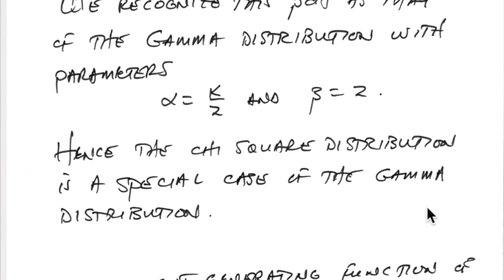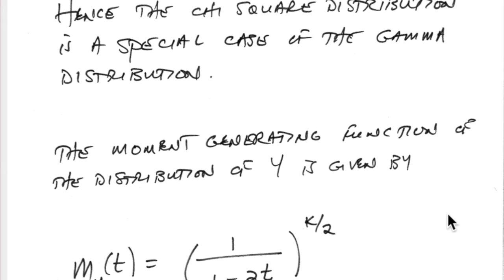Now, because of that, we can immediately write down the moment generating function for the chi-square distribution with k degrees of freedom. It's equal to 1 over 1 minus 2t, all raised to the k over 2 power.